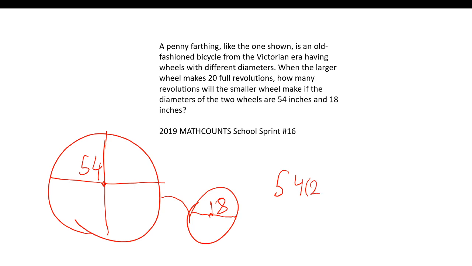So we can build our equation over here, 18 times x. Now we can evaluate this product over here. We have 54 multiplied by 20. Evaluating the product, we get 1080.